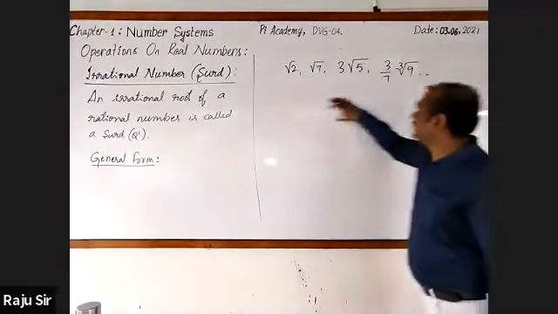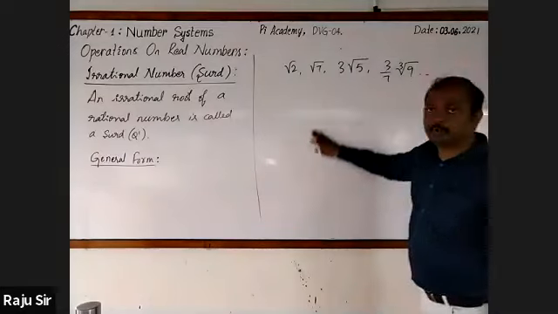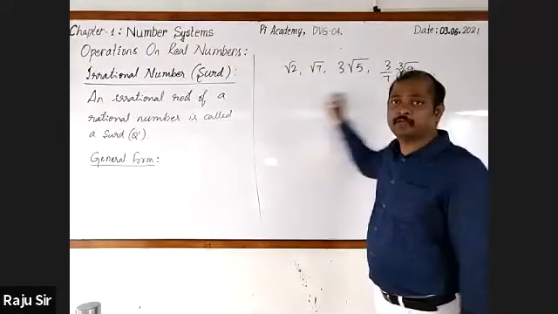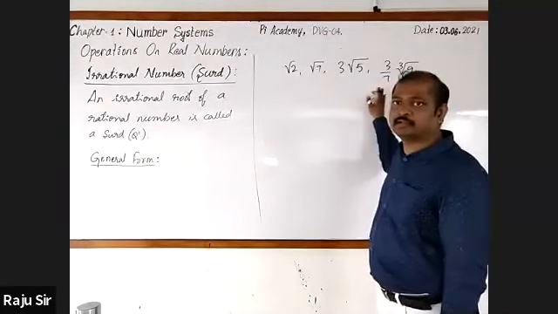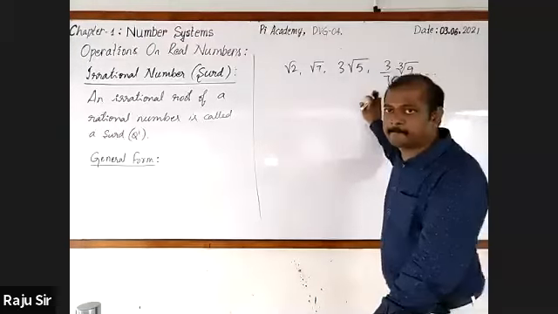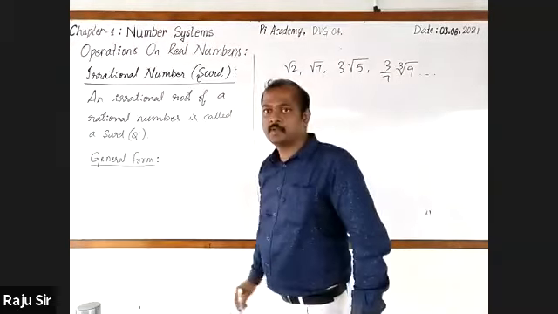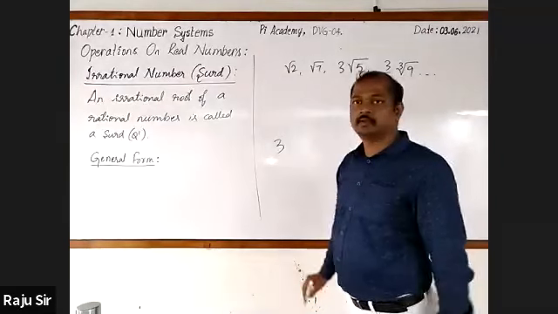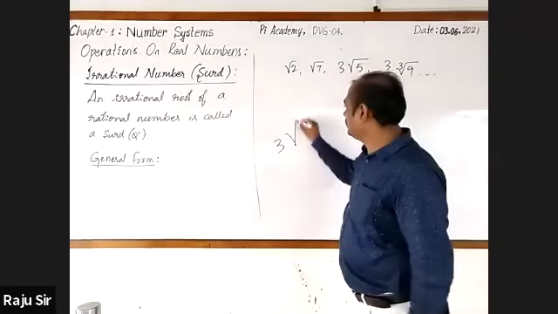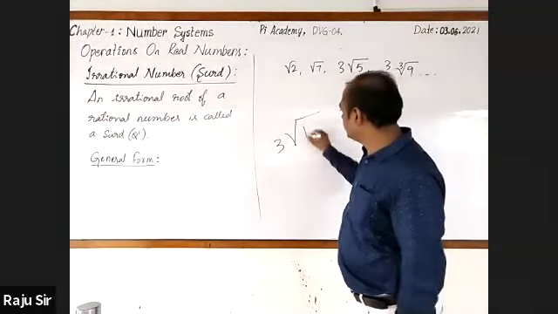By observing this, is it possible for you to tell the general form of this irrational number, nothing but surd? Look here. I take one example. Here is 3. Then here is the root. Here is 10.